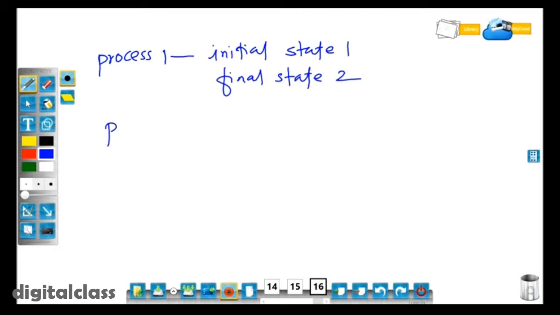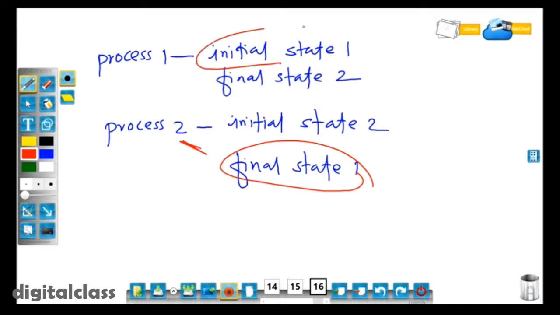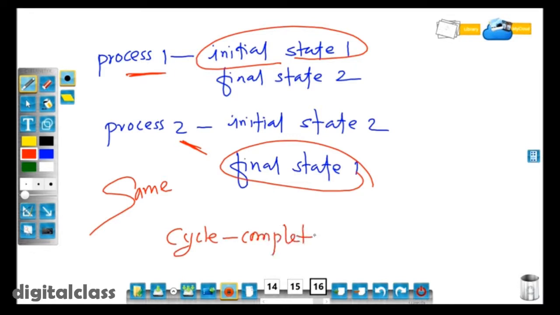So in process 1, the initial state is 1 and the final state is 2, and in process 2, the initial state is 2 and the final state is 1. So here we can see that the final state of the last process is equal to the initial state of the first process. So we can say that the cycle is completed.